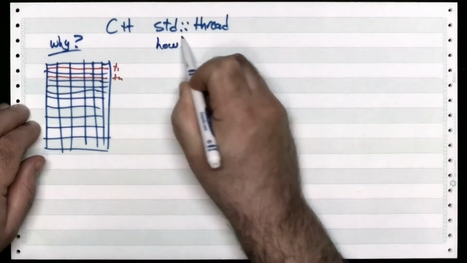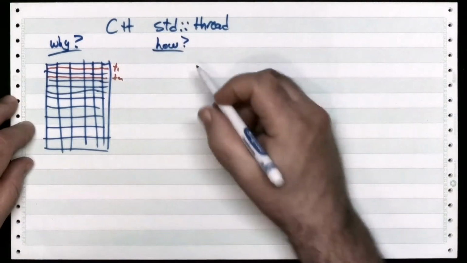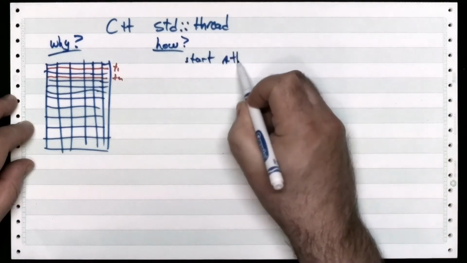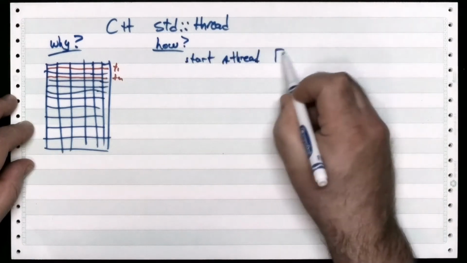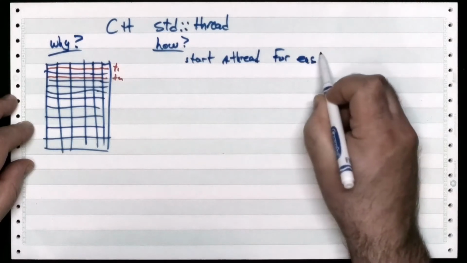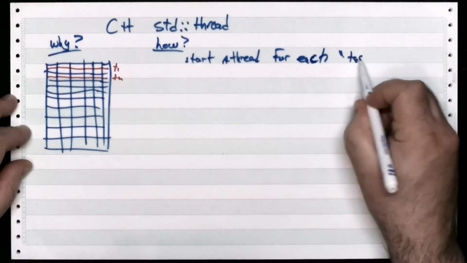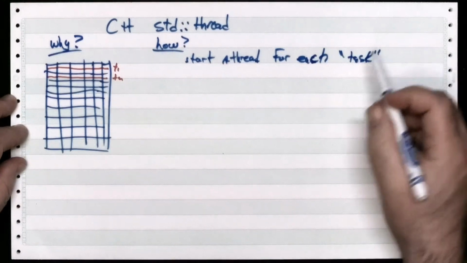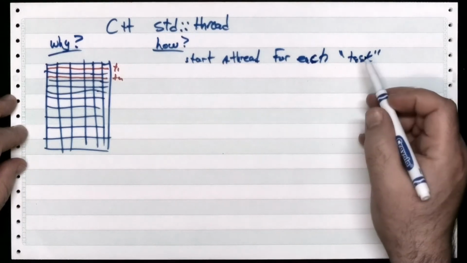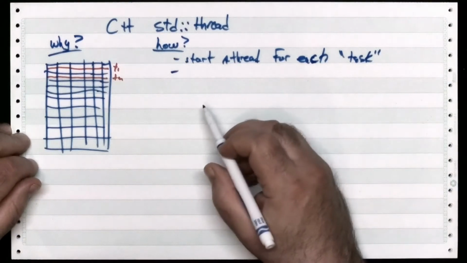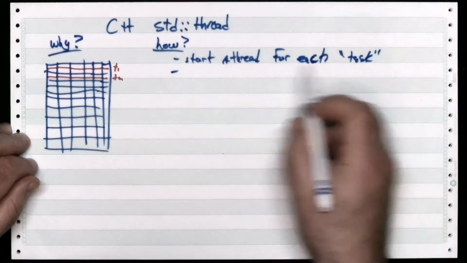We have to start a thread for each "task" or unit of work, and we have to assign that unit of work to each thread.